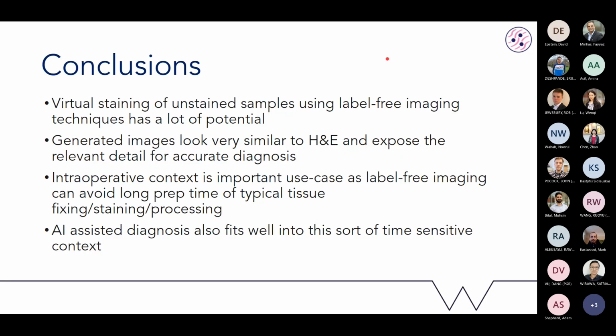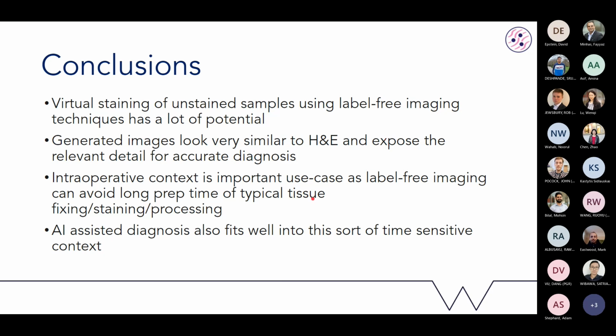So just as conclusions, virtual staining of these unstained samples using this variety of label-free imaging techniques seems to have a lot of potential. It's capable of generating images that look very similar to H&E and do expose the relevant details that you would need for an accurate diagnostic.